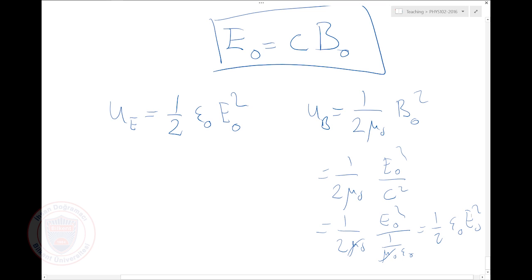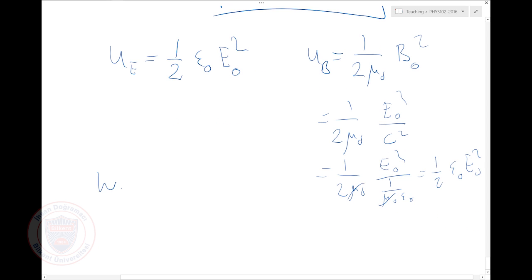Hey! In the electromagnetic wave, UE is equal to UB. So if I have energy carried in an electromagnetic wave, it's being carried equally by the electric field as well as the magnetic field.